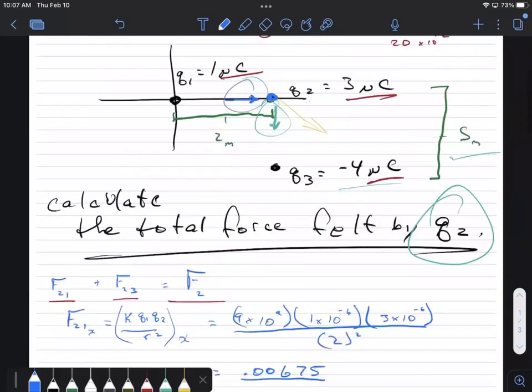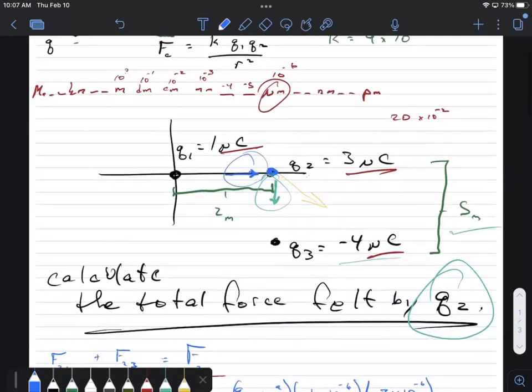If you remember on my picture, I said, I know the force is going to be pushing him to the right because of 1 and down because of 3. So overall, I should have a total force which is down and to the right, the yellow arrow there. And then I just say, well, is negative 32 down and to the right? Yes. Negative angles just means it's this amount below the x-axis rather than above the x-axis.